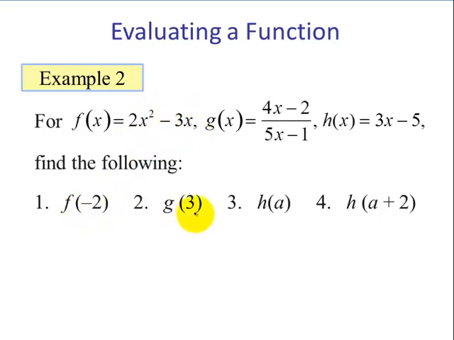G of 3 means everywhere we see an x in this function, we're going to substitute a 3. Number 3, h of a, so everywhere we see an x in this function, we're going to substitute an a. And then h of a plus 2, everywhere we see an x, we're going to substitute a plus 2.